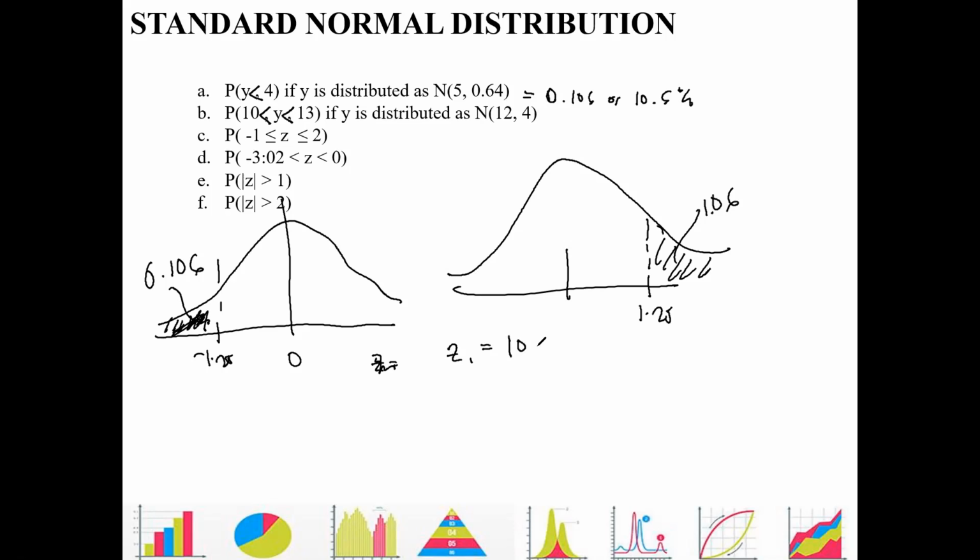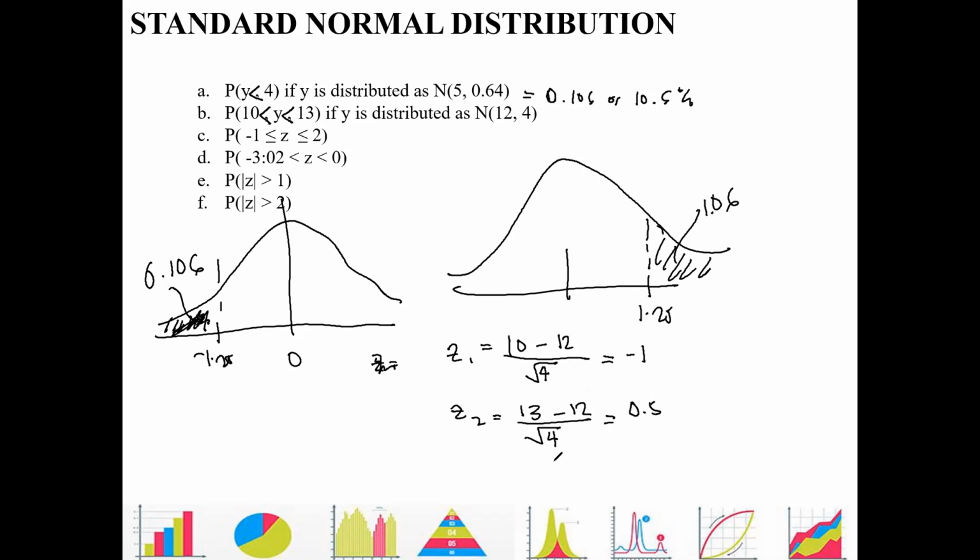So 10 minus 12, that is the mean, over the square root of 4. Anong ba ang sagot niya? 10 minus 12 is negative 2, over 2 is negative 1. For Z2, ang gagamitin naman natin is yung 13. So 13 minus 12 over square root of 4, which is 1 over 2 or 1/2.